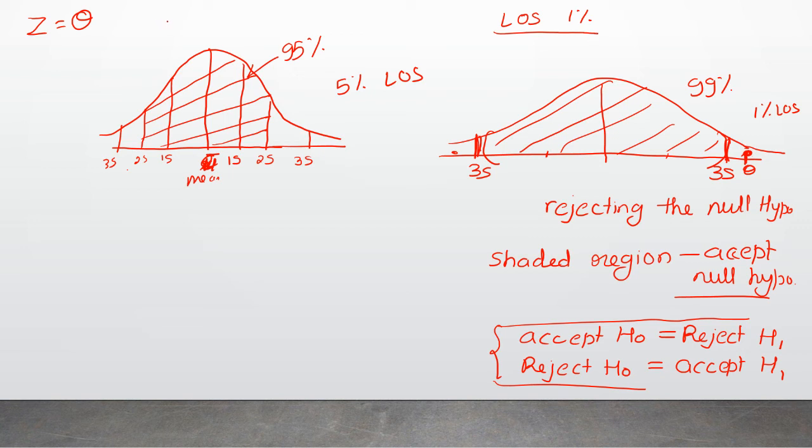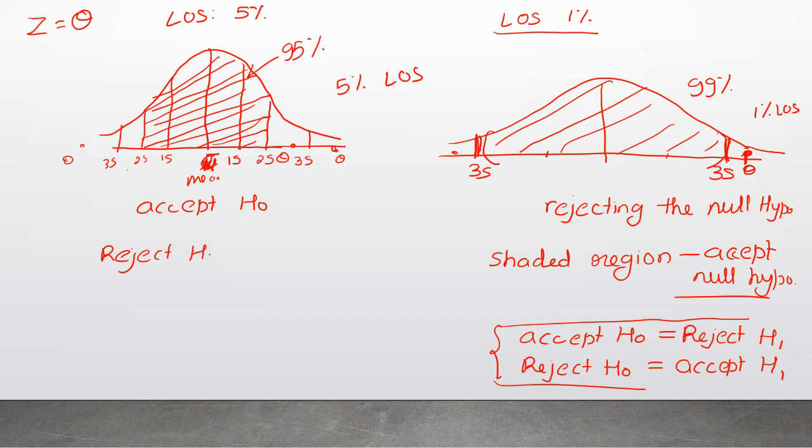Similarly, at that third step, if you assume that your level of significance is 5%, you will look at this graph. In this case, if your z value or theta value lies within this region, you will accept the null hypothesis. And if your theta value crosses this, that is theta here or theta here, then you reject H naught.